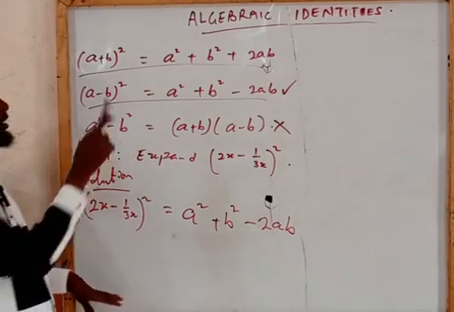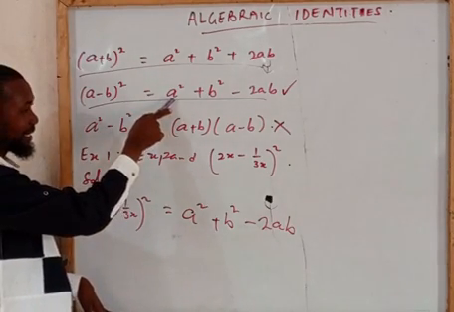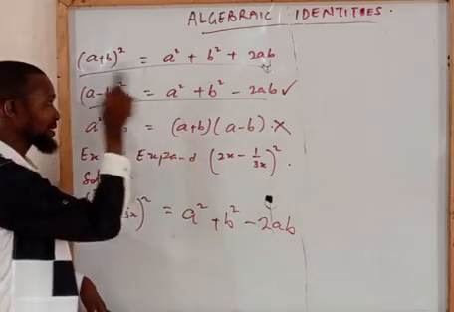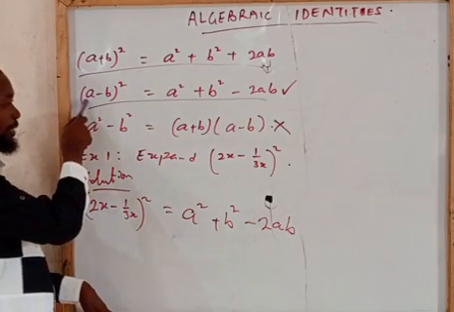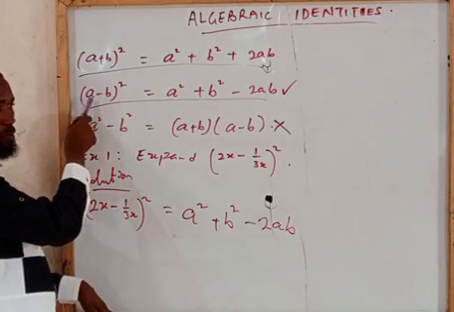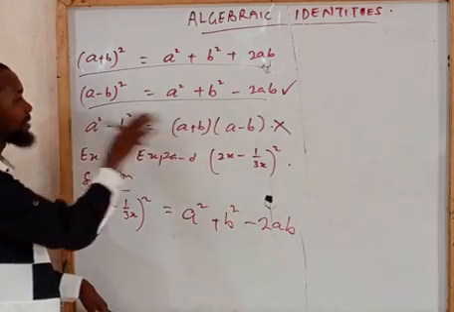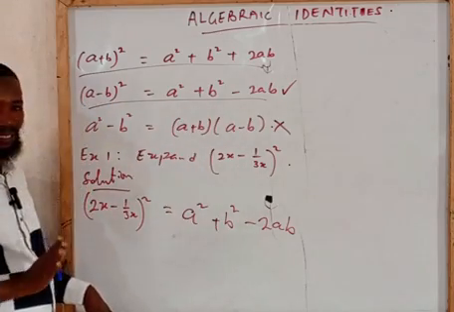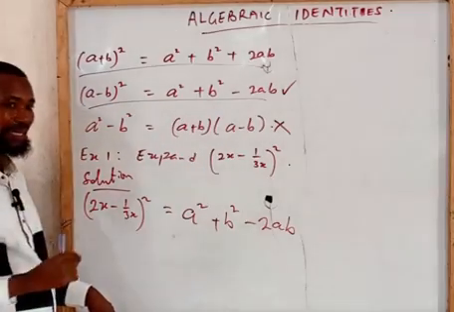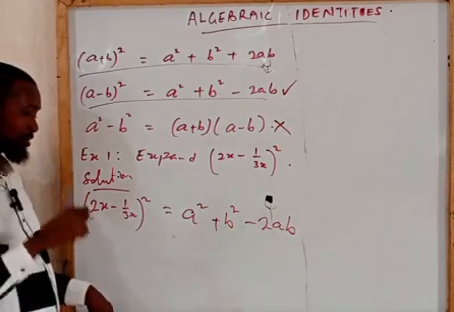And remember, the a in this identity means the first number in what we want to expand, while b means the second item, together with the sign that precedes it. So the sign has to be considered.